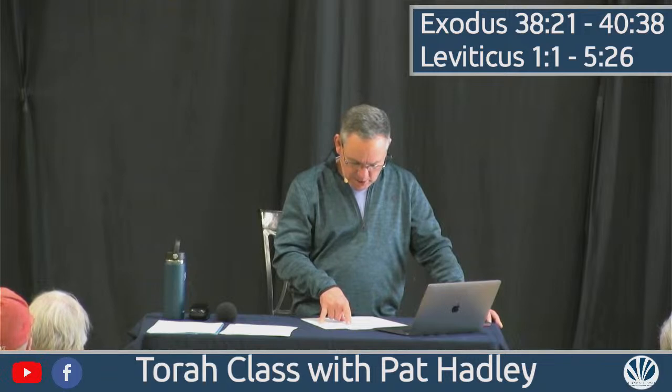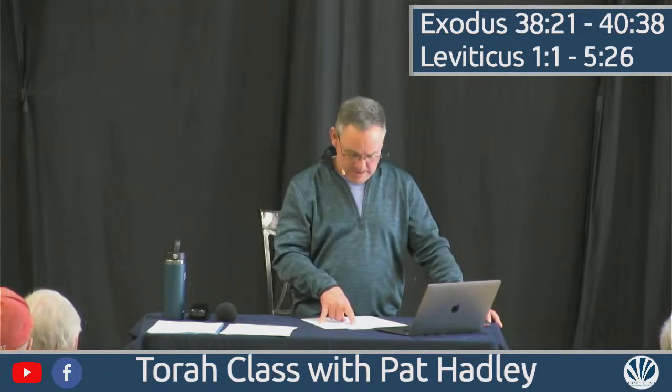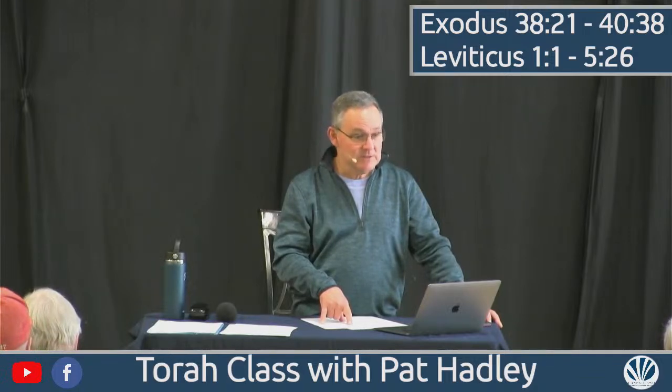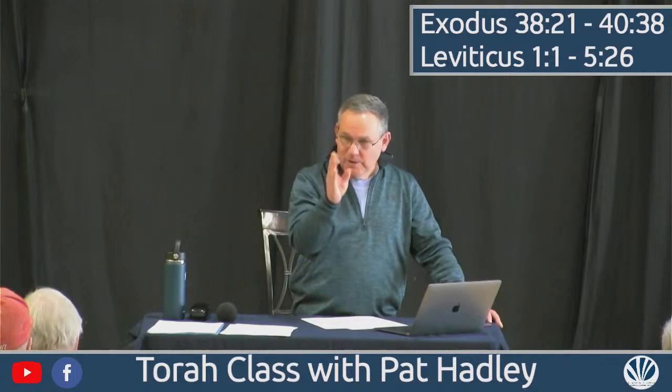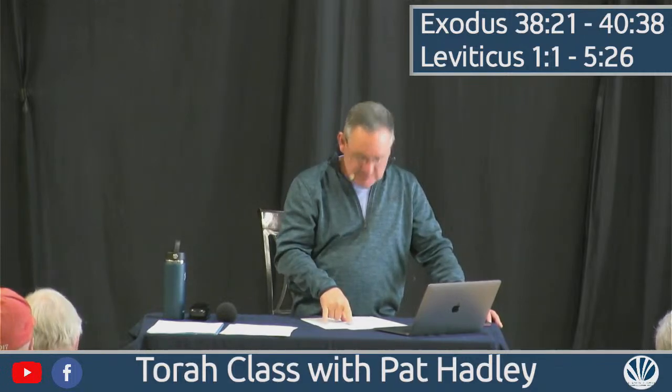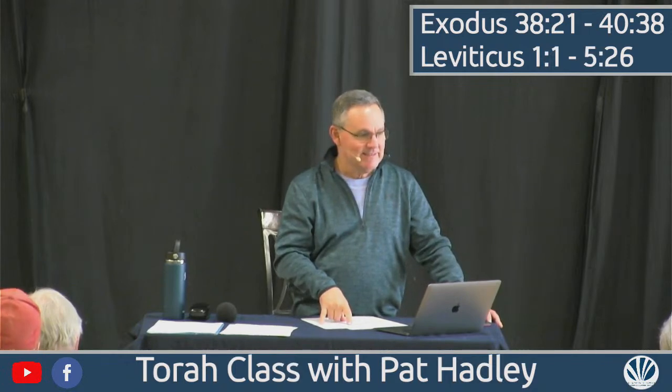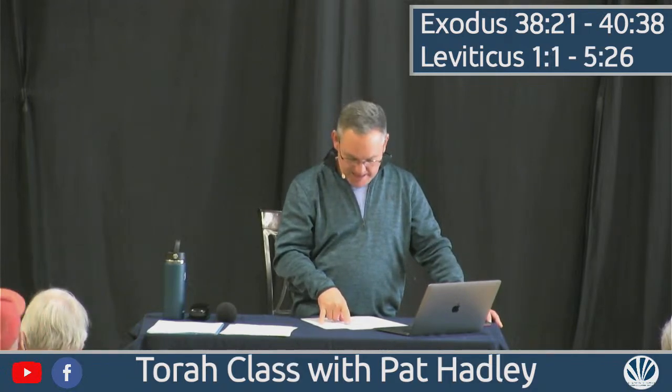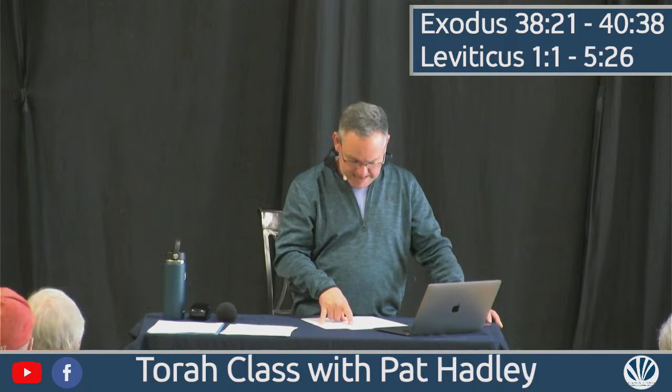Where do you get the O in Elohim? Where's the O vowel? It's the dot above, or almost at the top of the second letter, which is a lamed. So it's Elohim.